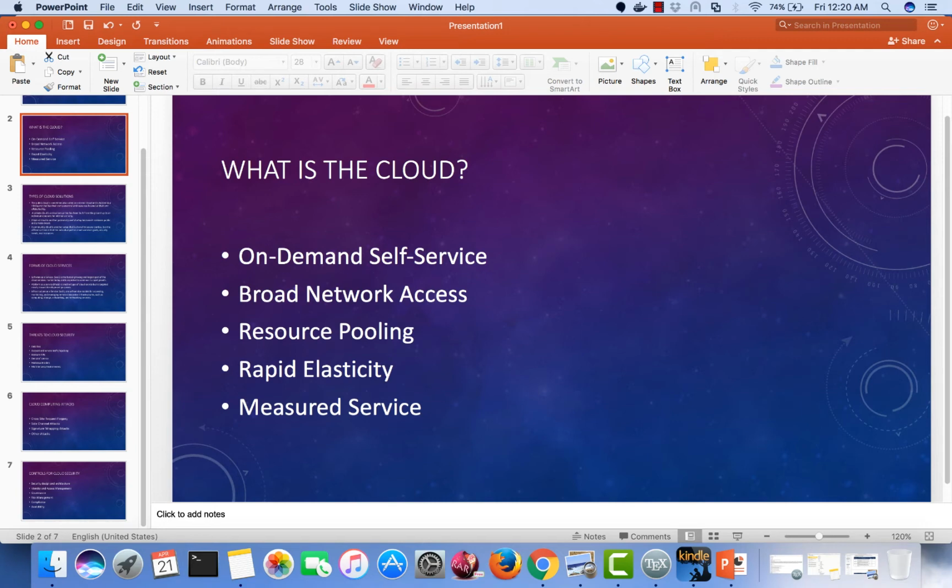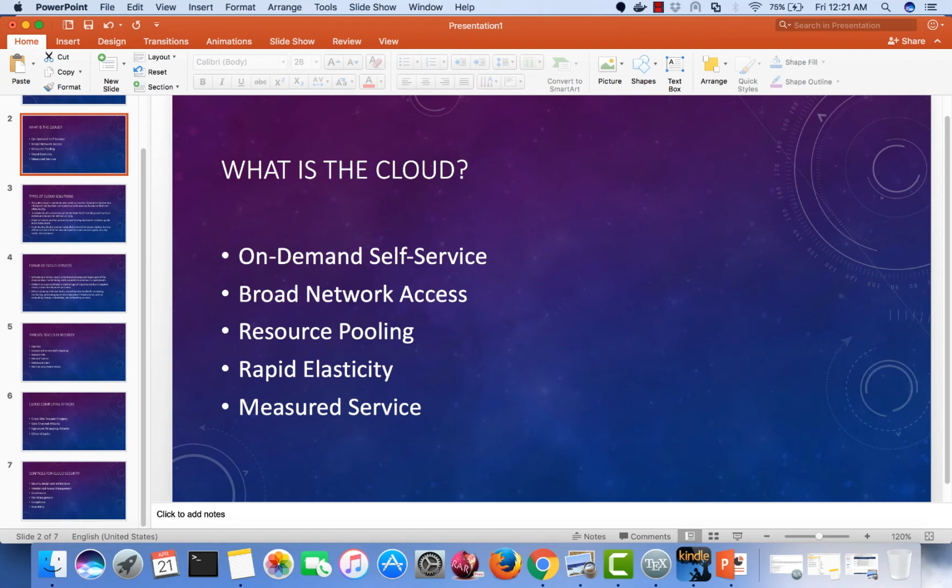So that's one of the other features of pooling all the different resources. Rapid elasticity: basically, the capabilities within the cloud can be expanded and adjusted to add more performance or space or capability to whatever systems are being used.